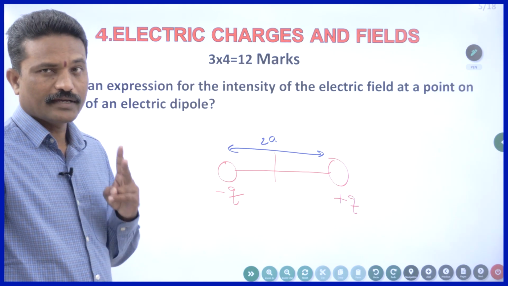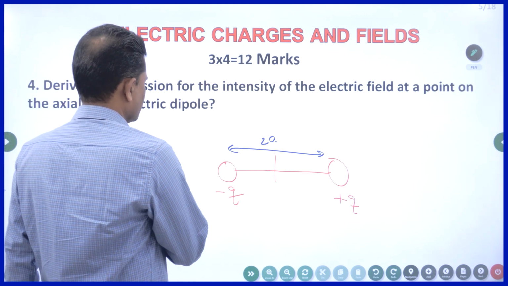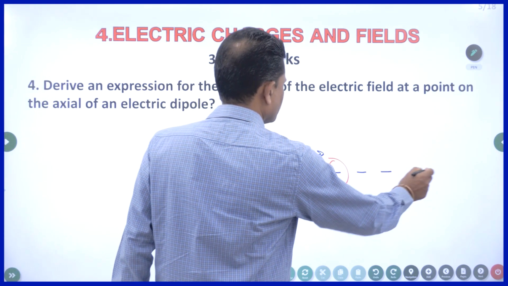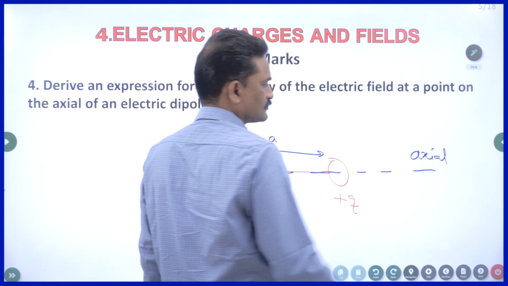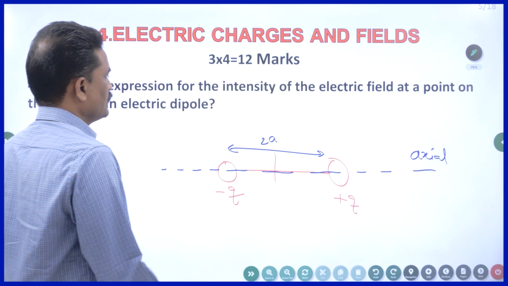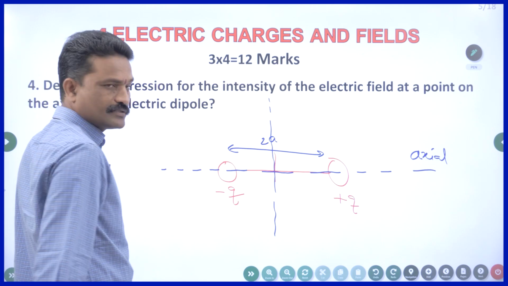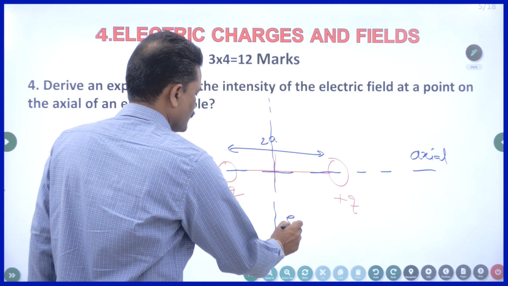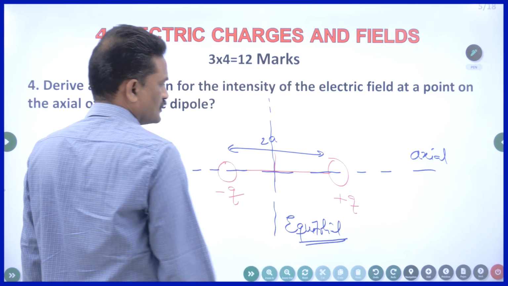Now, there are two axes defined for an electric dipole. The imaginary line passing through the two charges is called the axial line. The imaginary line passing through the center of the dipole and perpendicular to the axial line is called the equatorial line. You should know these two.